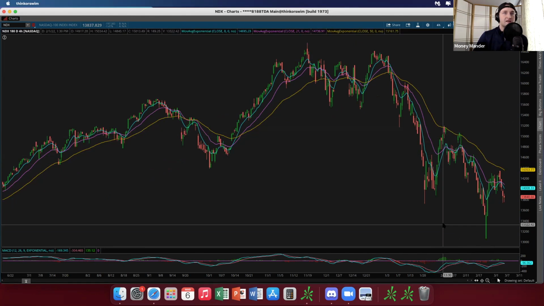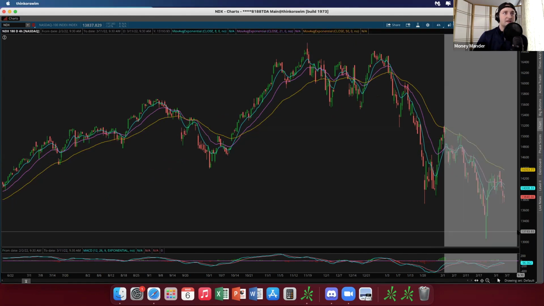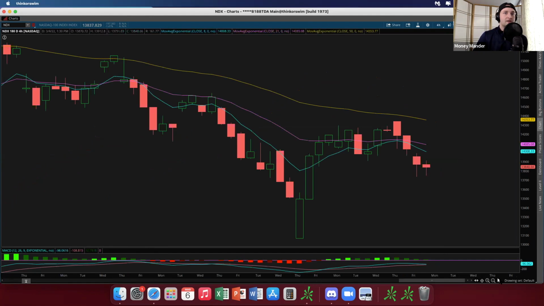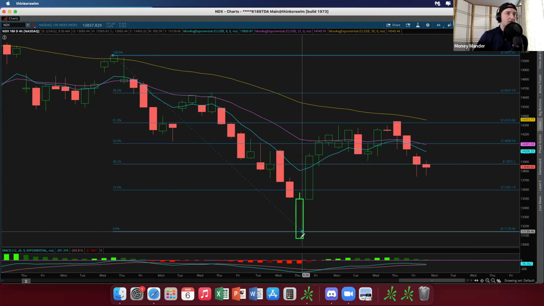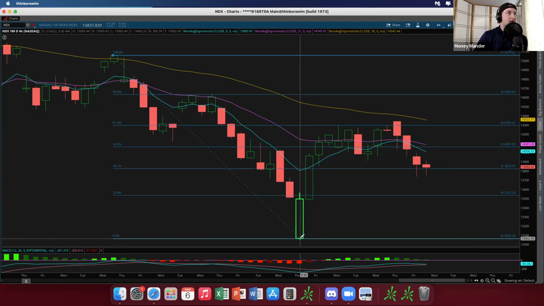So to me, this is where I would want to plot my fibs: this high, down to this low. This would be my recent move that I would want to plot.